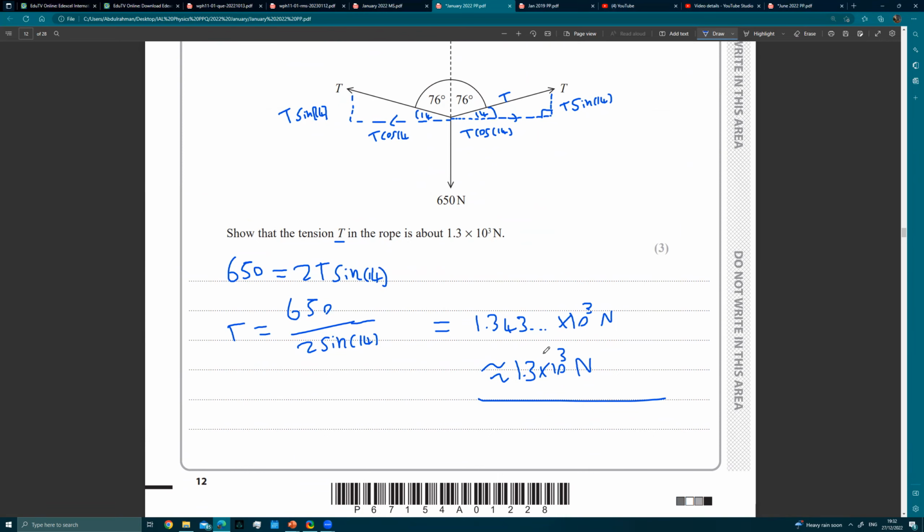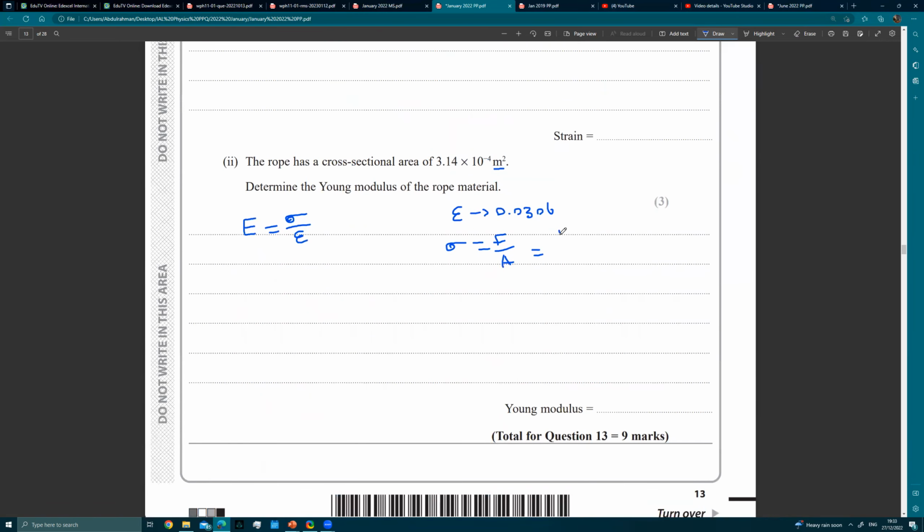Yeah, so 1.343. So I guess that's a skill set on its own. Just know that the force in force over area for stress is the tension on the string, over the area. Okay.